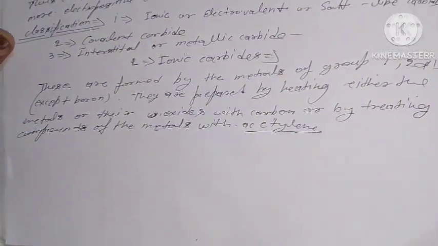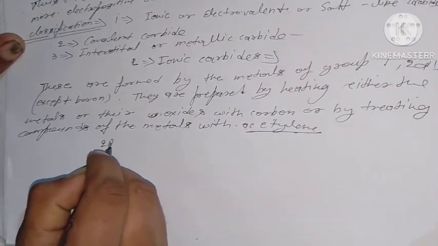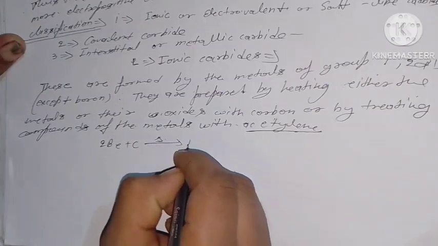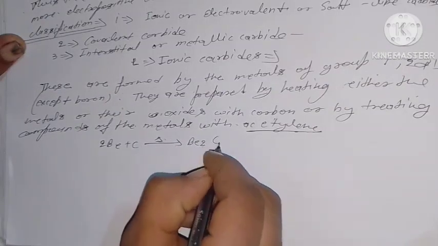For example, beryllium plus carbon, heated, makes beryllium carbide Be2C.